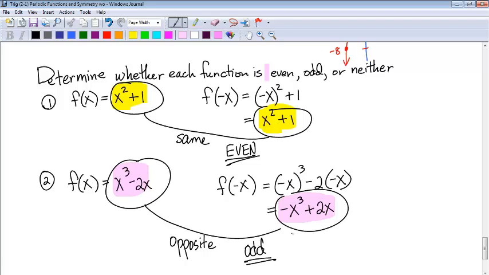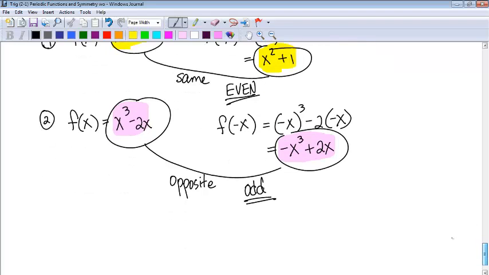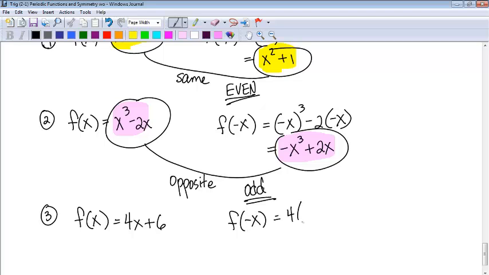Okay. So you can tell by just substituting in everywhere you see an x. Another example. Say I give you f of x equals 4x plus 6. Everywhere you see an x, substitute in a negative x. And you get negative 4x plus 6.